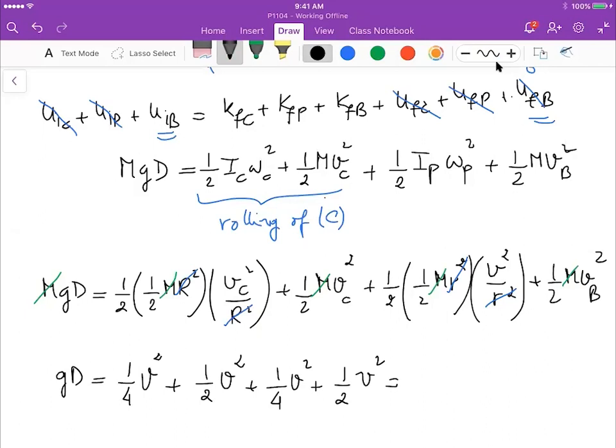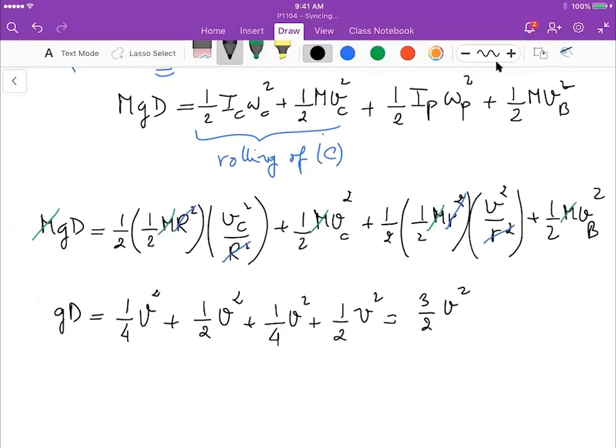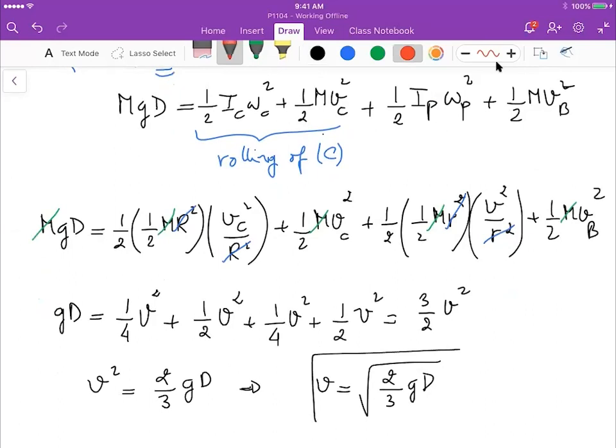So we end up with 1 plus 1/2, so 3/2 times v squared. And so finally here we can deduce that the speed of the block we are looking for, v squared, is given by 2/3 times g times d. And so we can deduce that v is nothing else than 2/3 g d with the square root. And so this is the expression that we are looking for.